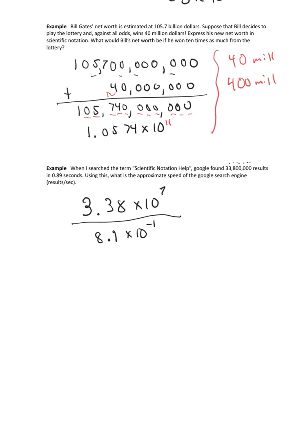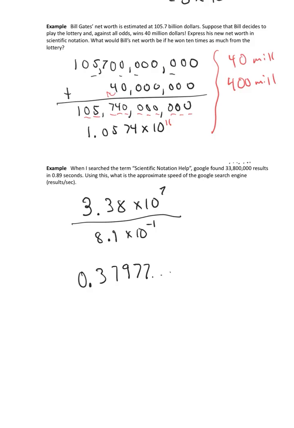All right, so here we got to divide 3.38 divided by 8.9. That would be, and we're just going to do this with a rounded answer, 0.37977. It actually goes on and on. We'll round that at the end.